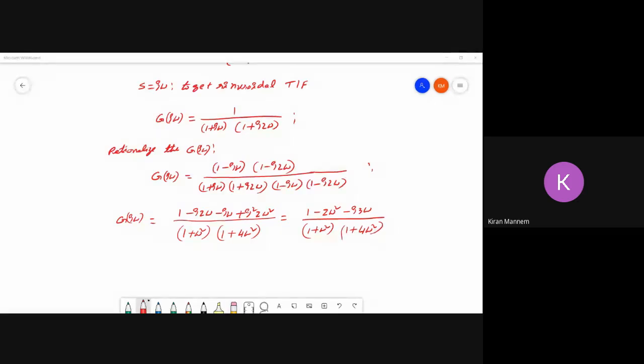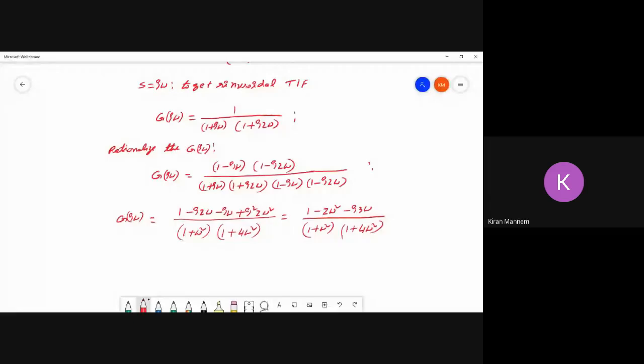Let me see if someone did it. After rearranging the terms, G(j omega) equals: the real term will be (1 - 2 omega squared) / ((1 + omega squared)(1 + 4 omega squared)), minus j times 3 omega / ((1 + omega squared)(1 + 4 omega squared)).